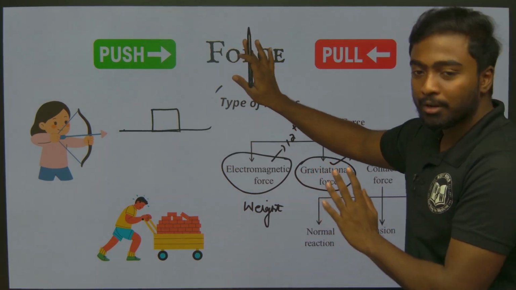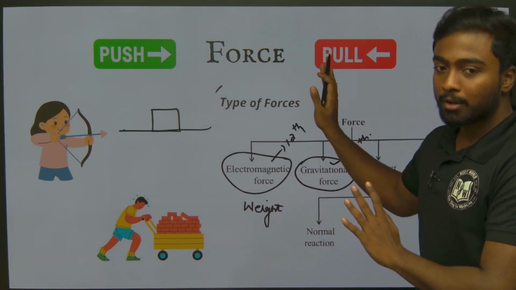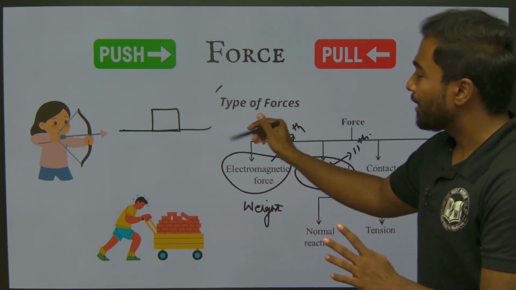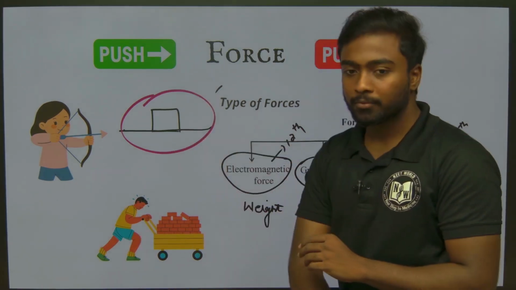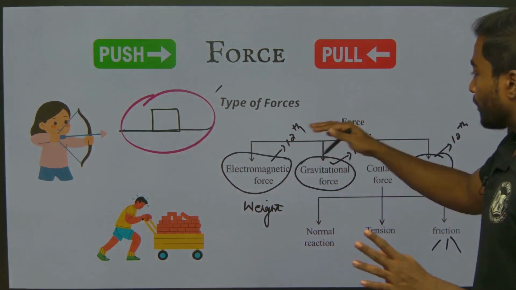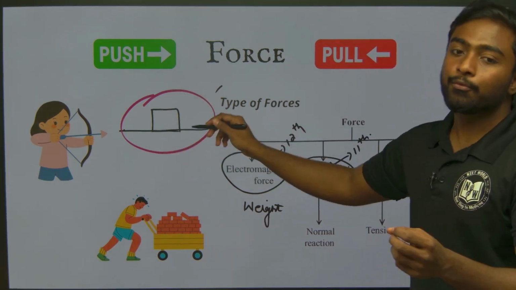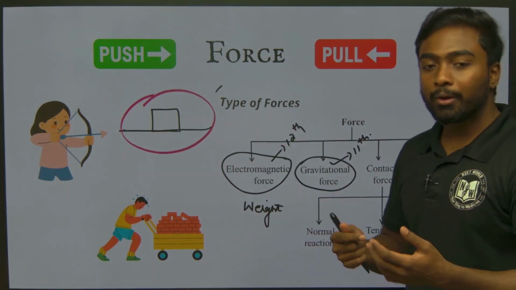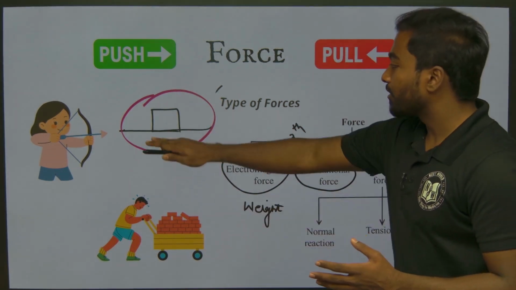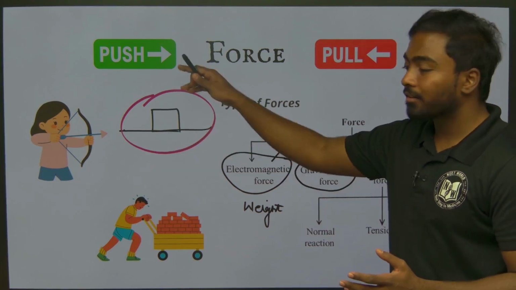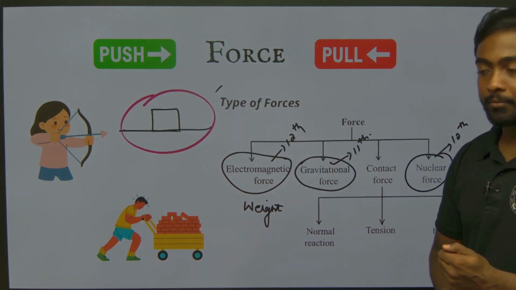I have discussed only force, either push or pull. When we go into the topics of force and see the diagram, the forces will be there. Due to gravity there will be some force, and due to the surface contact, some normal reaction will be there.